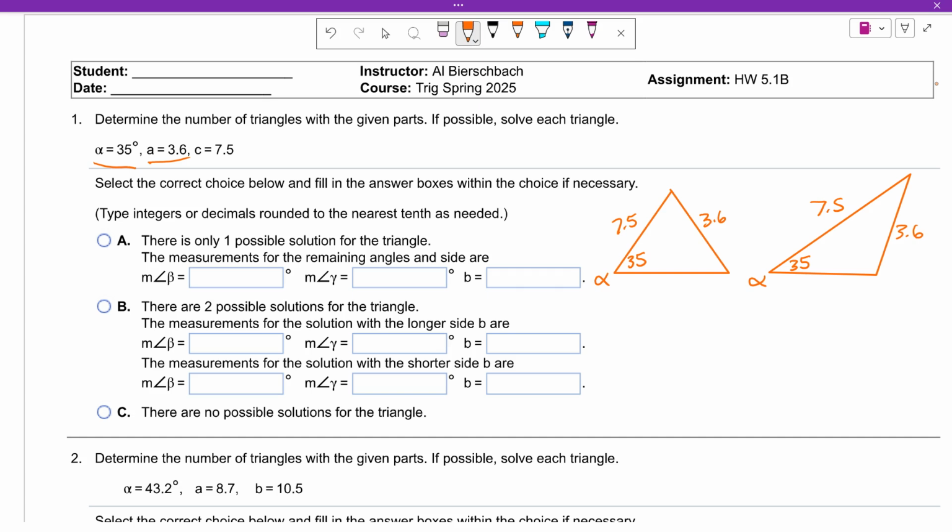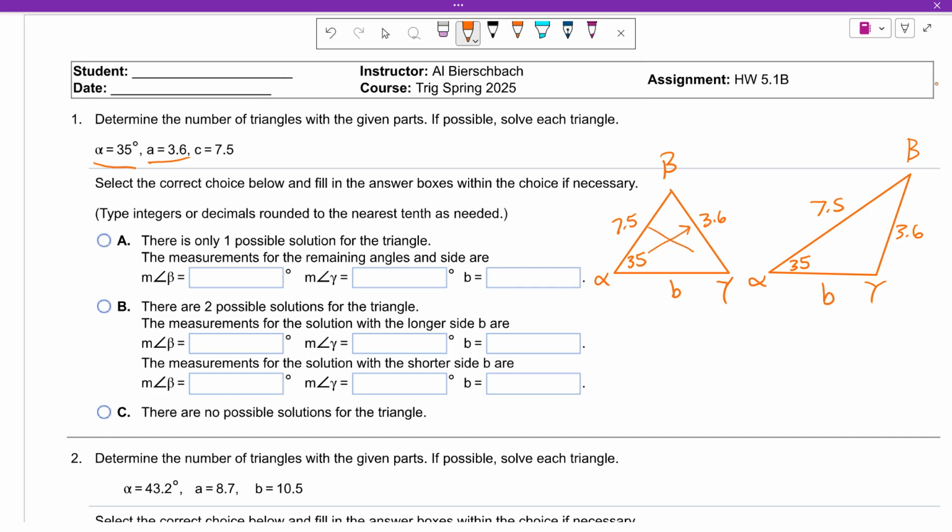Okay? So 7.5 is C, so this is gamma here. In both the triangles, it's going to be gamma, because C is opposite of gamma. So beta is here, and B is here. Beta is here, B is here. Now, we got to see if this works. Okay? So, we're going to do the law of sines to do opposites.